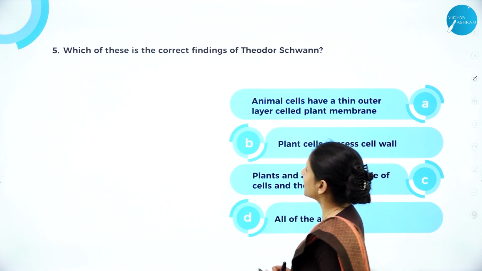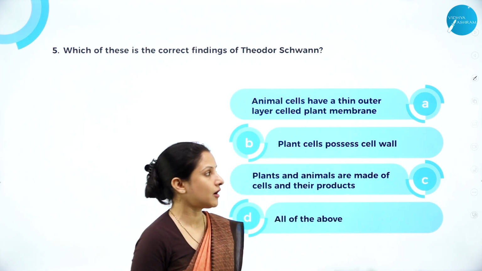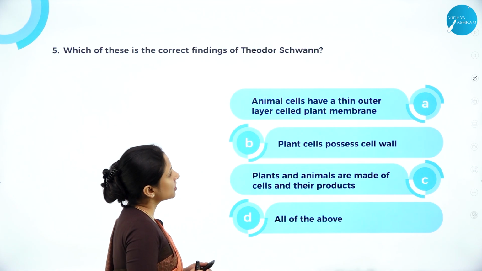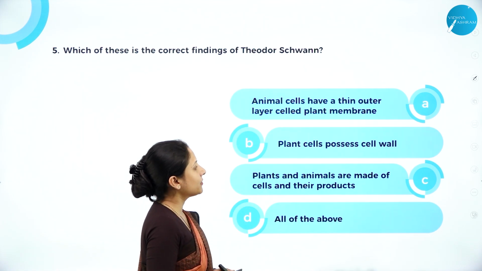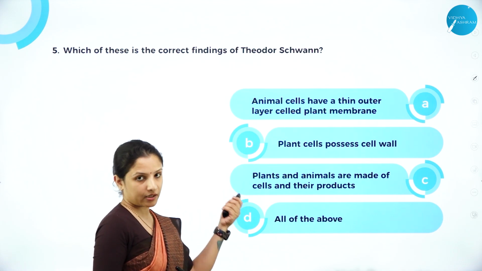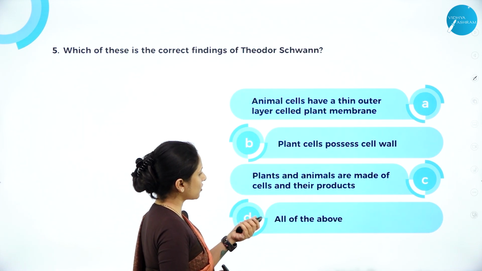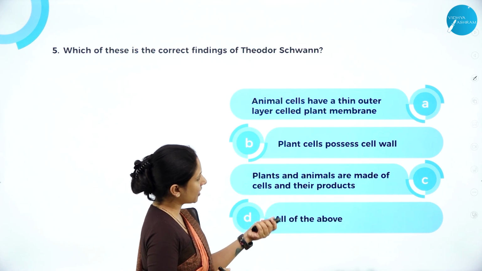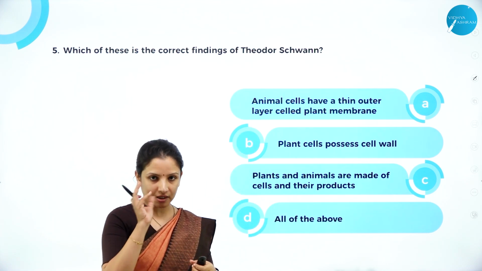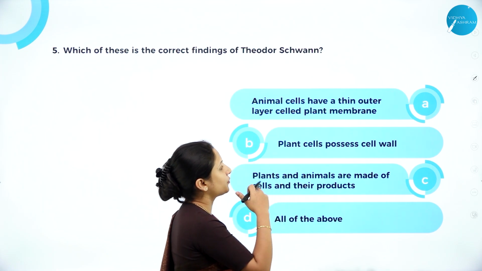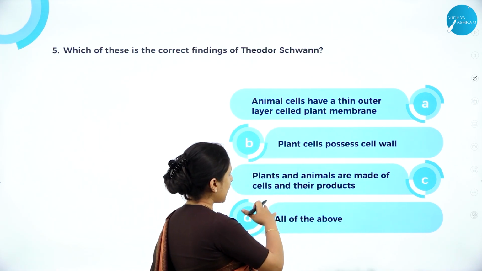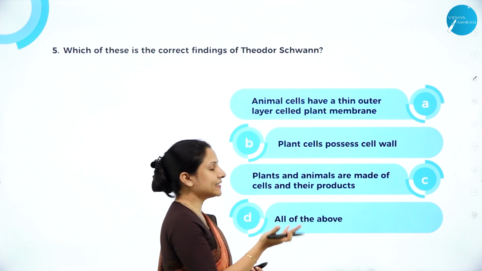Which of these is the correct finding of Theodor Schwann? Animal cells have a thin outer layer called plasma membrane. Plants and animals are made up of cells and their products. All of the above. All of the above is correct because animal cells have a thin outer layer which is called the plasma membrane. Plant cells have a cell wall. Plants and animals are made up of cells and their products.